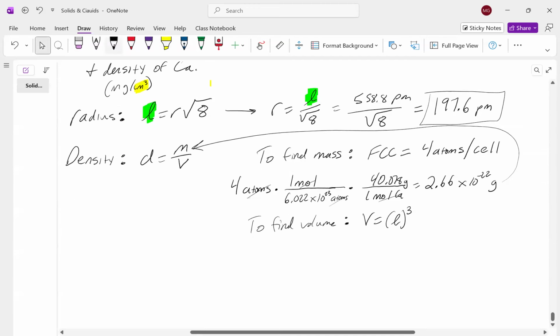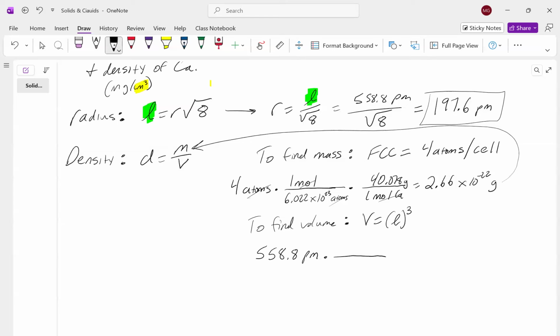Okay, so let's take our 558.8 picometers. Let's put that into centimeters. Well, I know that 1 meter is 10 to the 12th picometers. And then I know that 1 meter is 100 centimeters.